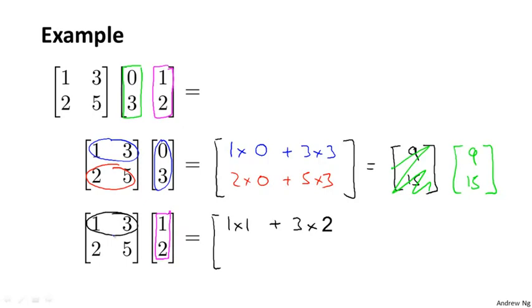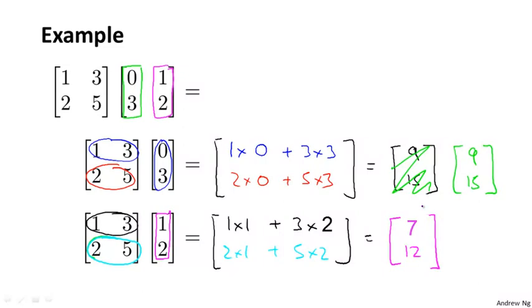And let's do the other one. So let's see. That gives me 2 times 1 plus 5 times 2. And so that is going to be equal to, let's see, 1 times 1 plus 3 times 1 is 4. And 2 times 1 plus 5 times 2 is 12.